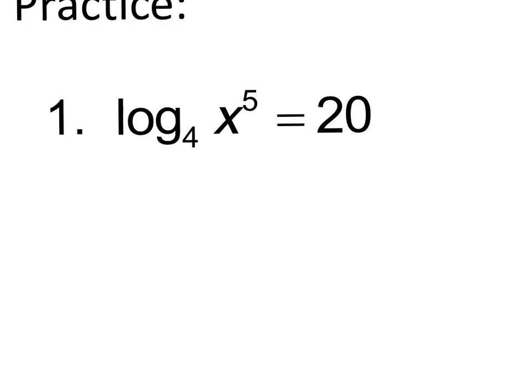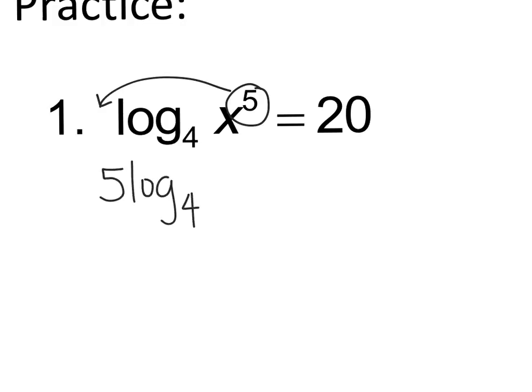I'm not going to do that yet because I know how these work and I know what's going to make our lives easier. Before I do that, what's actually going to be better for us is to move this 5 here, because I can do that. Exponents become coefficients. So this is 5 times the log base 4 of x equals 20.